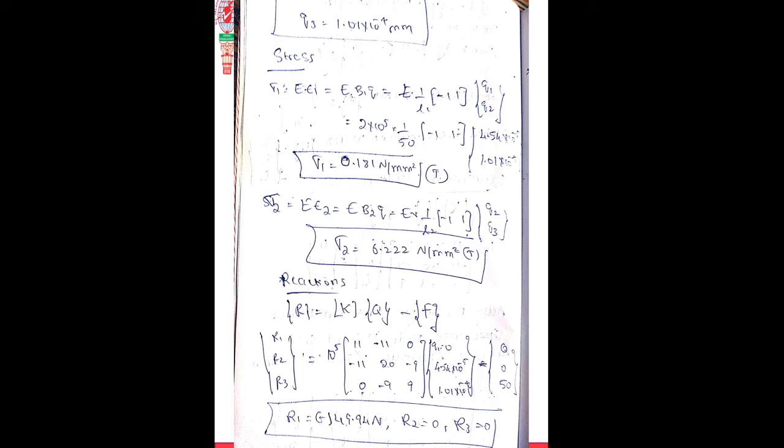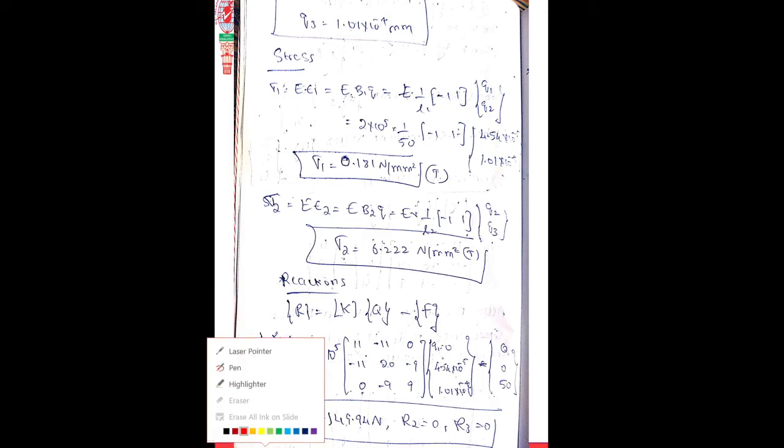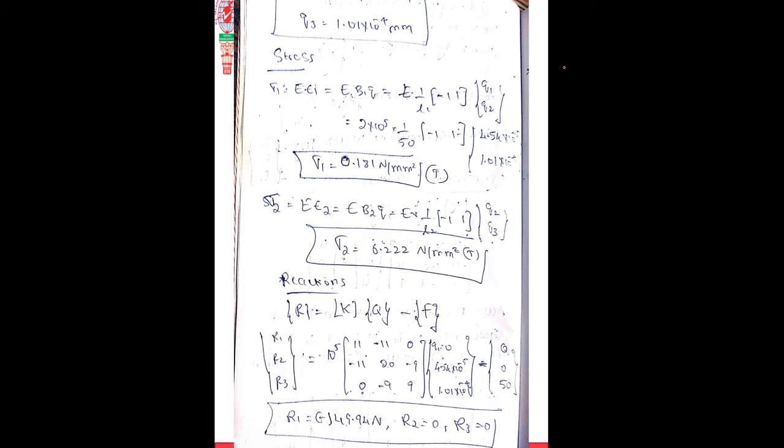Minus 3 or minus 5? 5, sir. Correct. Q3 is 1.01 into 10 raised to minus 4. Correct. Answer is right. Q3, all of you got it? Yes, sir.